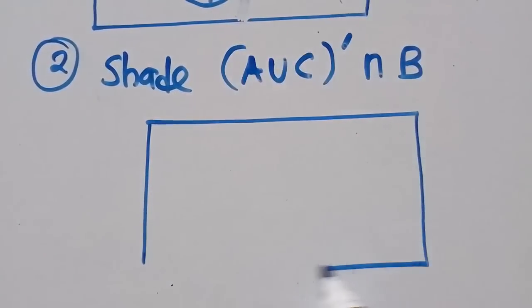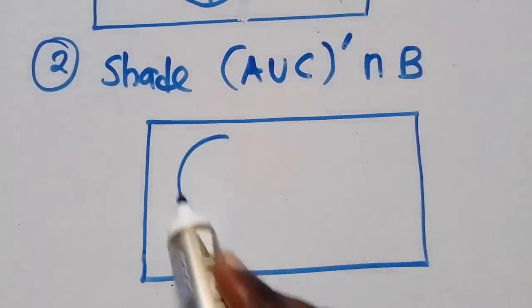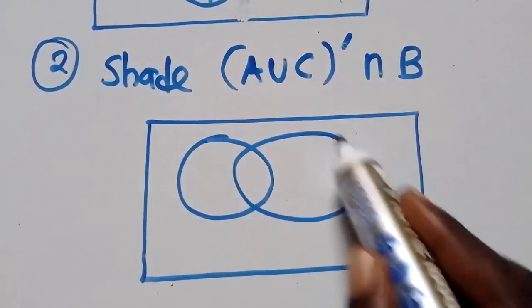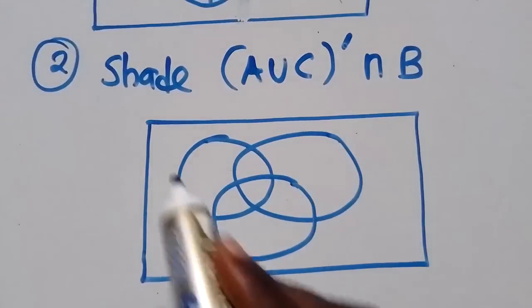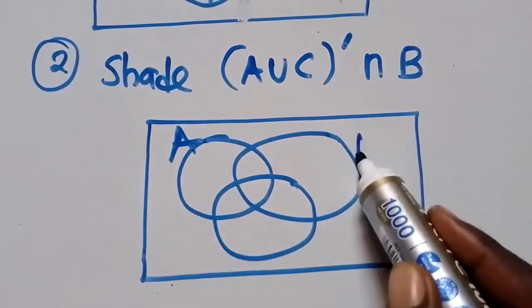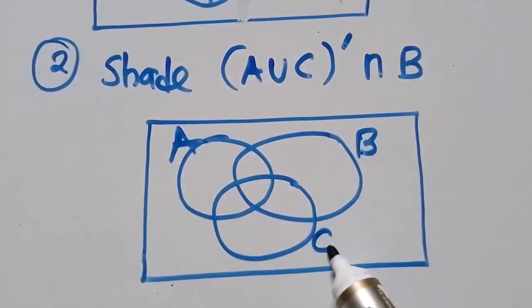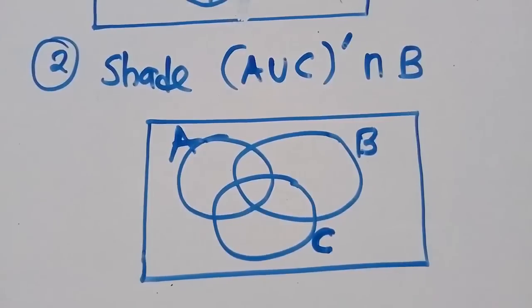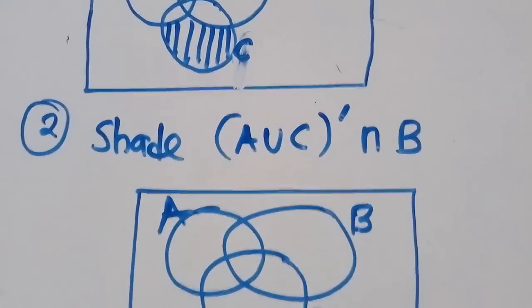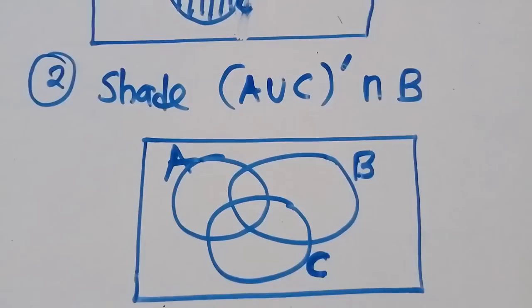So this is A, this is B, this is C, like this. The first one you describe that one. The second one is for you to shade. You answer this part.